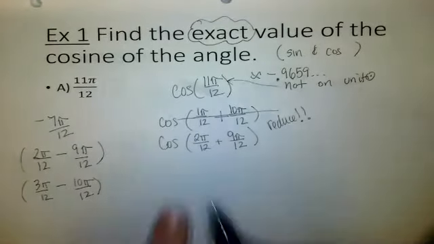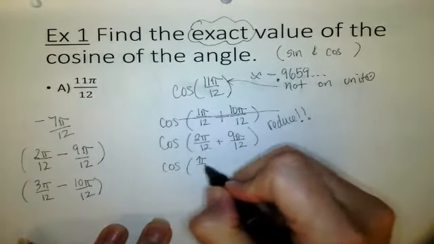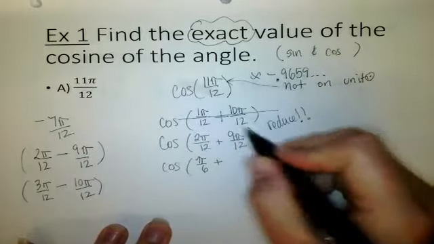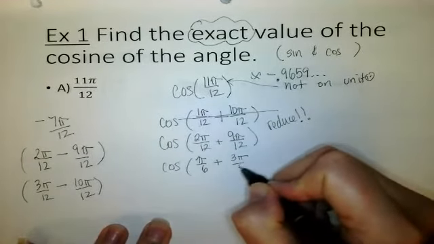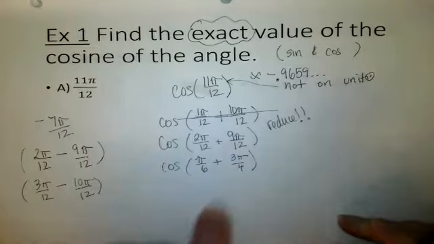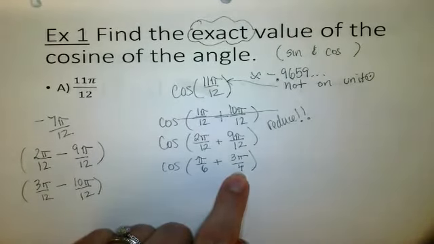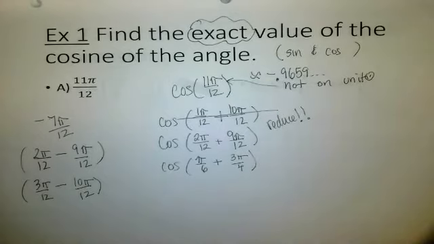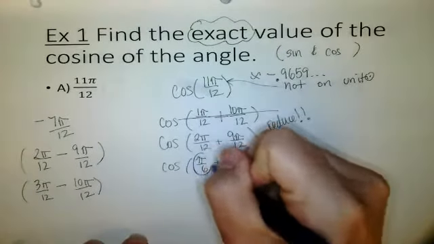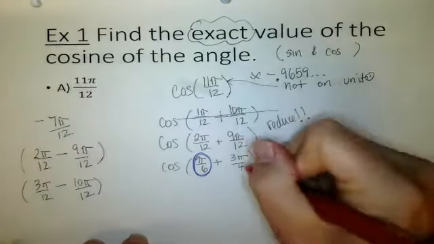All right, these reduce, so we're going to reduce them. Cosine of pi over 6 plus, here this reduces to 3 pi over 4. Very good. Most students, when they run into issues, it's because they reduced incorrectly. So be careful. I'm going to color code this, so hopefully it'll be nice and clear. I have a first angle here. This is the A thing on the formula, the first thing.